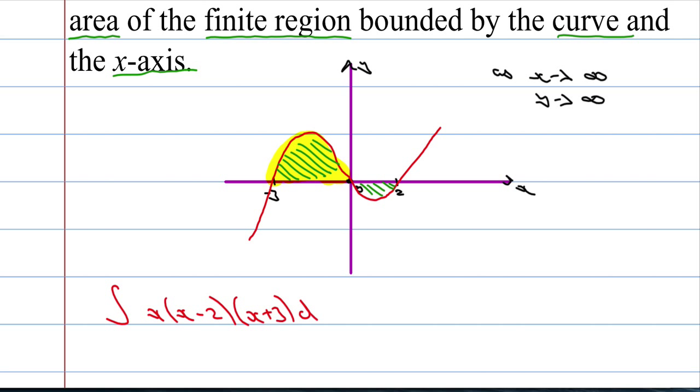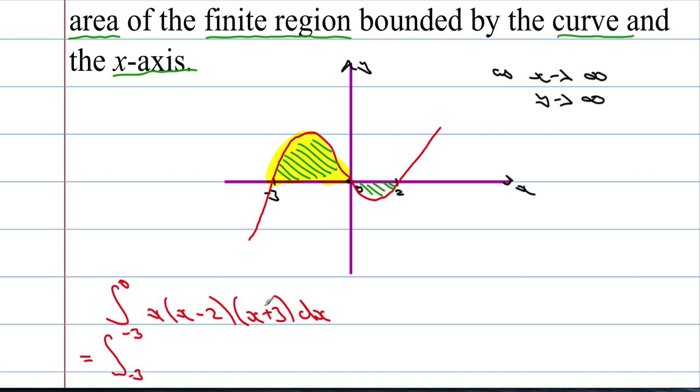I'm going to integrate that with respect to x. And if we integrate that between the bounds negative 3 and 0, that will tell us the area trapped beneath the curve.